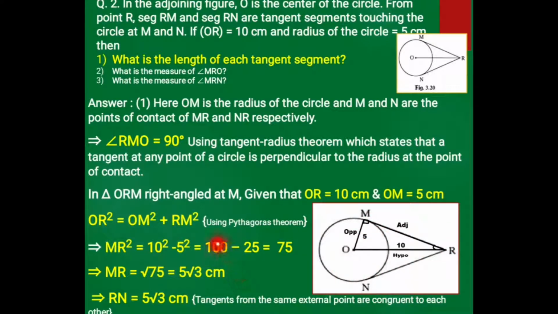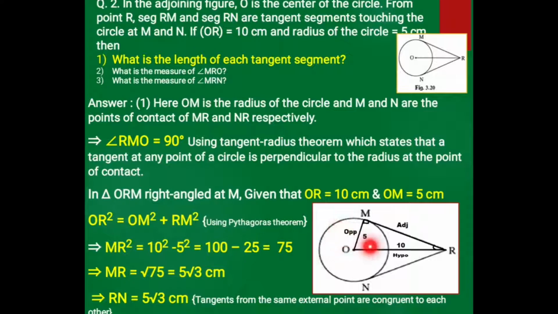So using Pythagoras theorem, we write OR square, as OR is the hypotenuse. OR square equals OM square plus RM square. So substitute the values of OM and OR.